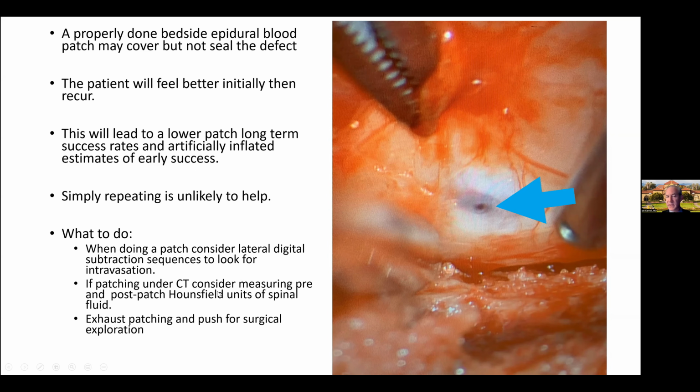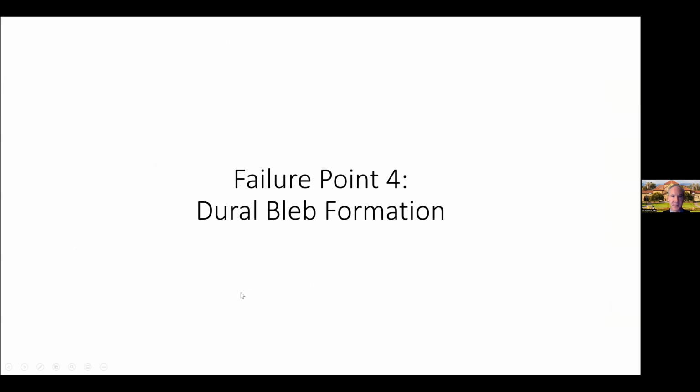If you're doing this under CT, one of the things you might consider is doing a pre-patch measurement of Hounsfield units in the spinal fluid, and then after injecting contrast, a post-patch look at the intrathecal fluid to see if you can detect subtle evidence that contrast entered the spinal fluid.